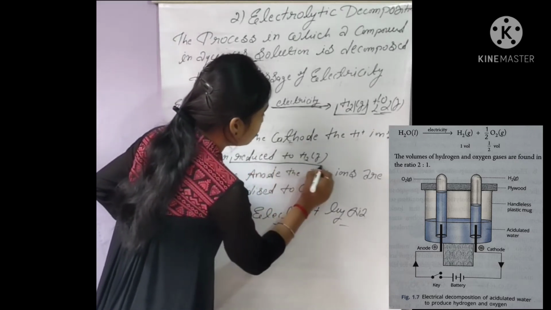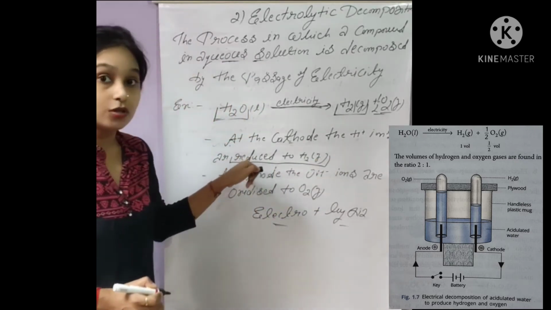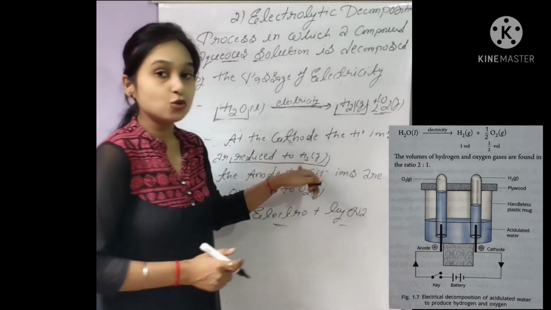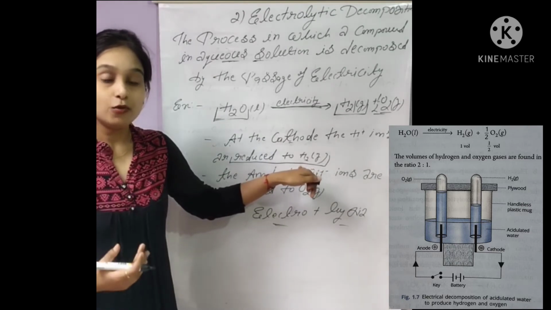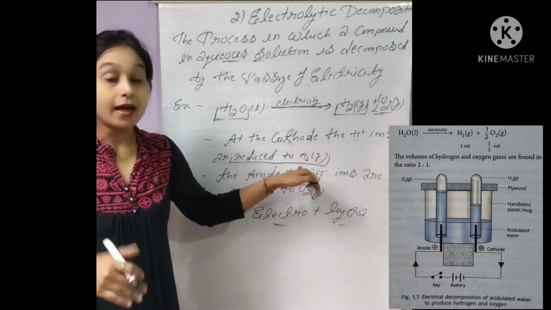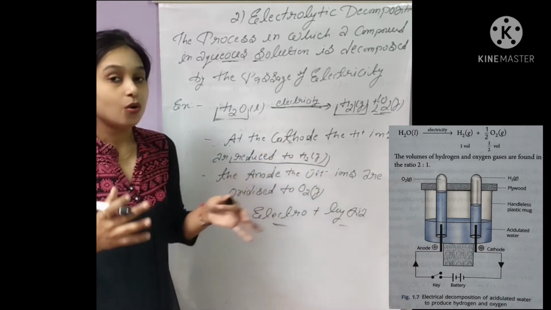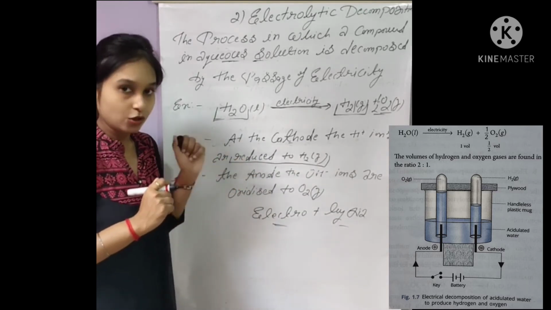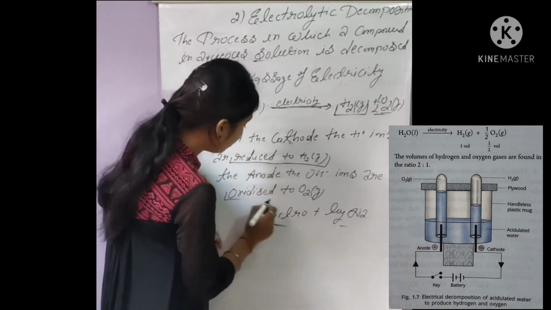Reduced H2 gas, it means reduction. What is reduction? Reduction means combining with hydrogen and removing oxygen. So in this condition it is called a reduction. Okay, and what about oxidation?